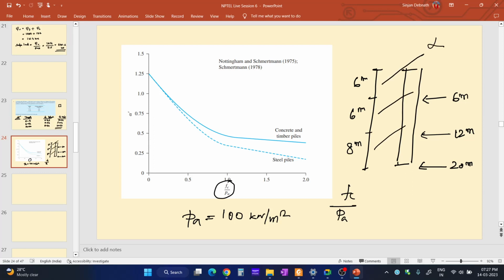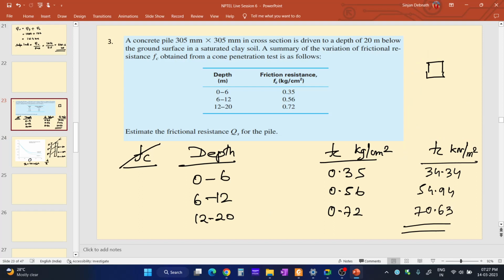For all the 3 segments, we need to find the adhesion factor alpha dash for the cone penetration test. So alpha dash for the first segment: what is FC for the first one?